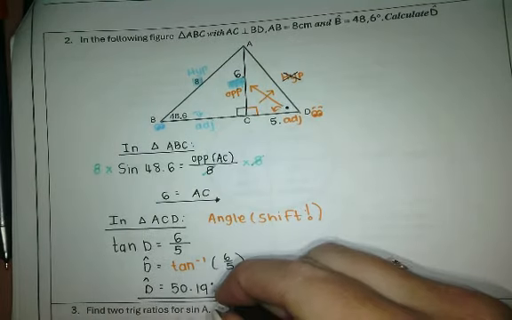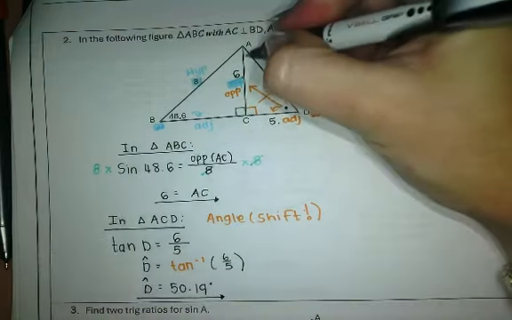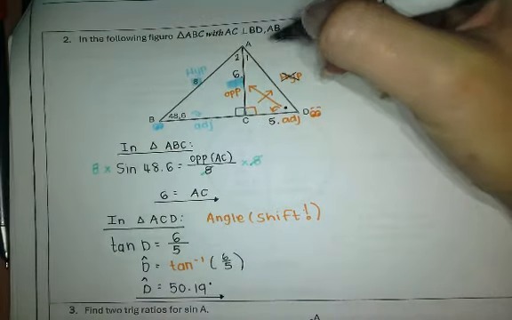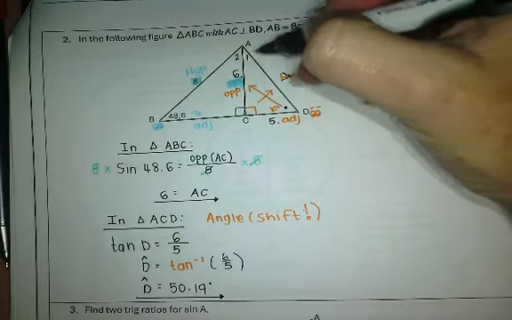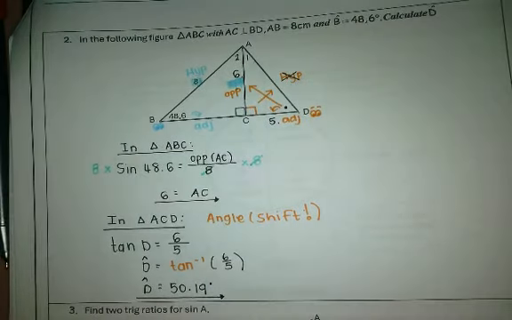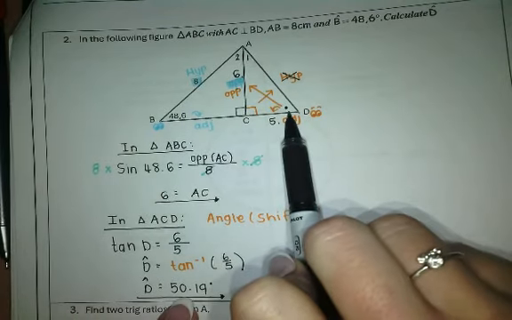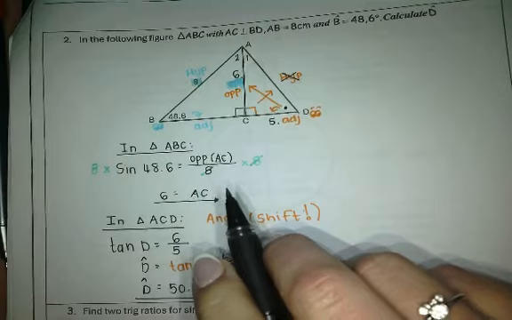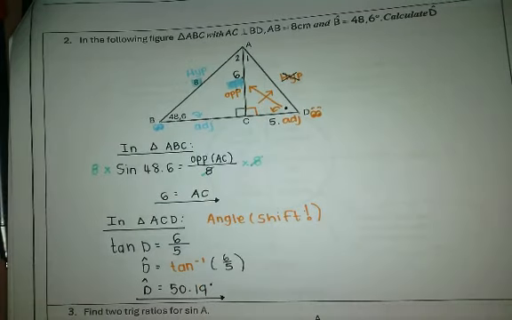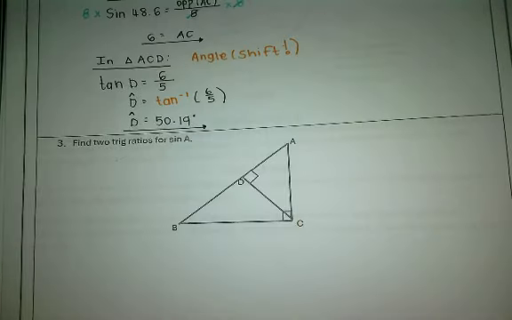Yes. A follow-up question: if I had to ask you to give me the size of angle A1, what are you going to do? 180 minus 90 minus 50.19. Good job, guys.